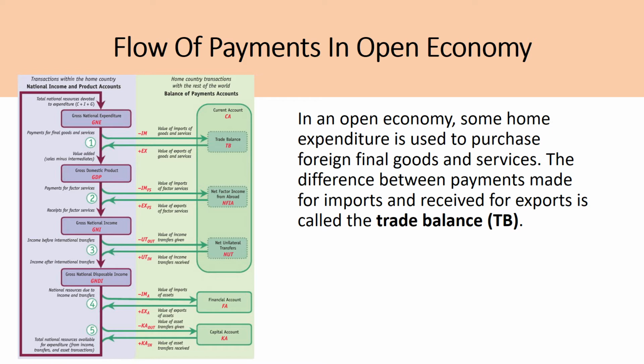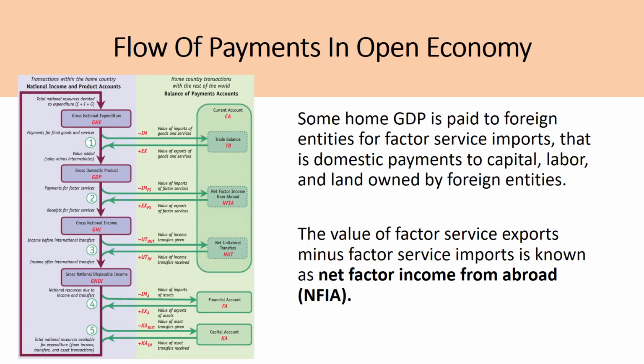In addition to expending on foreign assets, there's also the outflow, which is that some producers will export some of their products, and therefore there's also an export outside. The trade balance is essentially net exports. It is the difference between the value of exports of goods and services and the value of imports. Now, some home GDP is paid to foreign entities for foreign service imports.